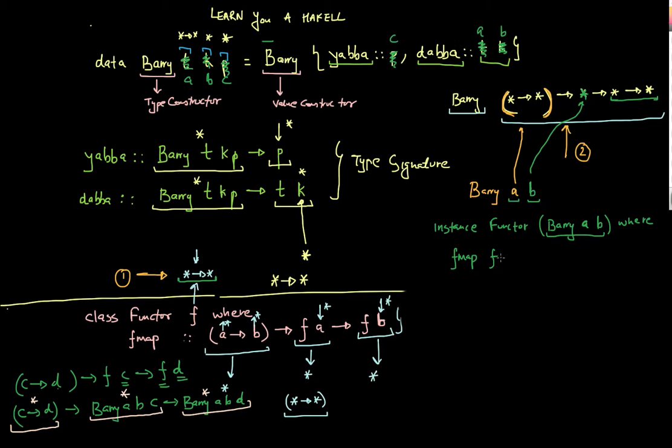Okay, so some value that happens to have a type of Barry ABC is this piece right there. This is my value constructor.